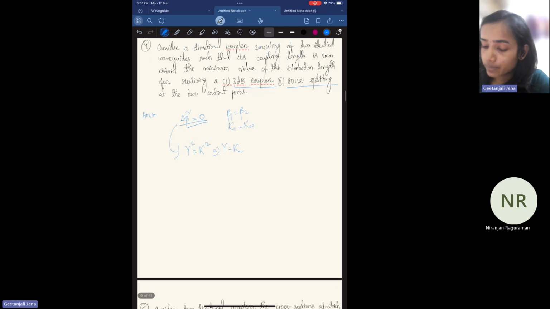The expression for power is P1(z) by P0 equals 1 minus kappa square over gamma square sine square gamma z. If you put kappa instead of gamma, we have 1 minus sine square kappa z, which is cos square kappa z.